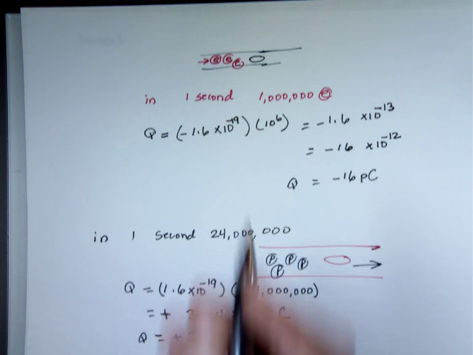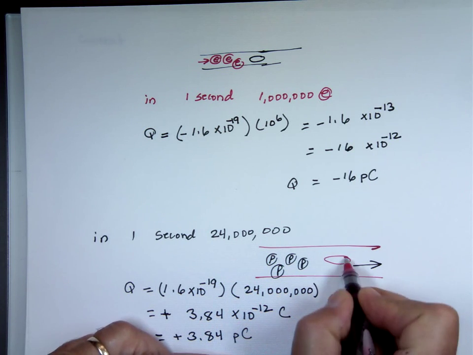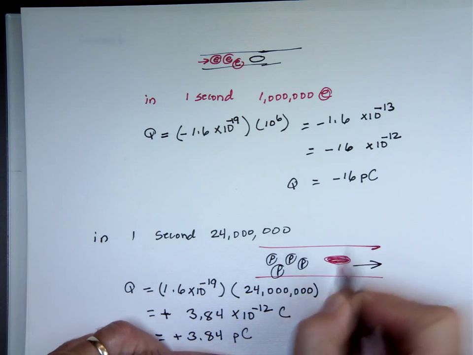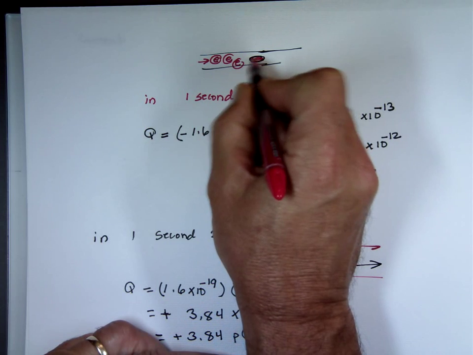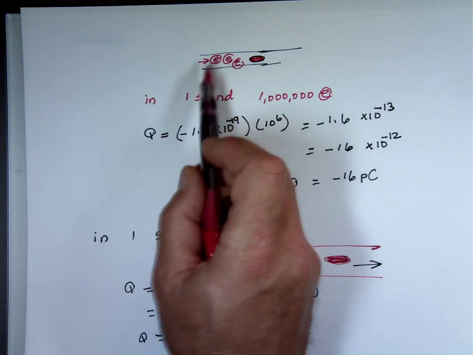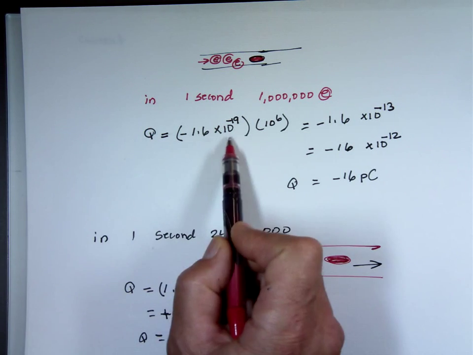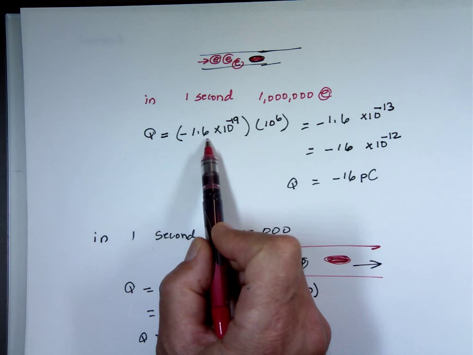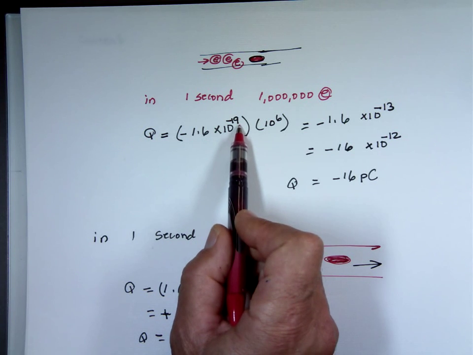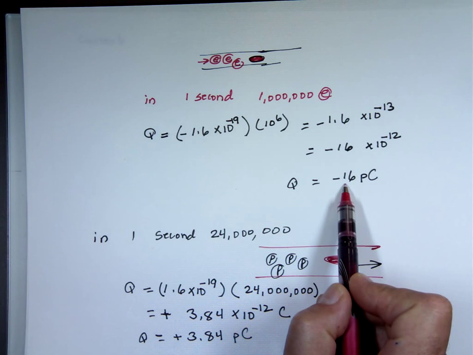In the example, I said if I have a wire and this is a window, I'm watching it through this window, I'll make the window a different color, like red. This is a glass window, and I'm counting how many charges go through that window. Let's assume 1 million electrons went through it. Then the charge will be, each electron has a charge of negative 1.6 times 10 to the minus 19 times the million of them, and that's the total charge.